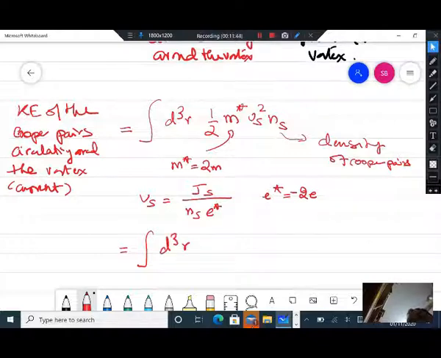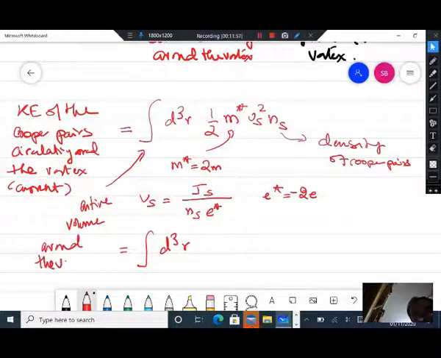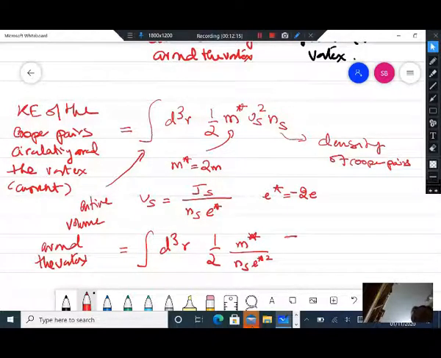the integral of dq bar, where the integration is over the entire volume around the vortex, including the vortex, and this will be half of m star by ns e star square into square of Js.